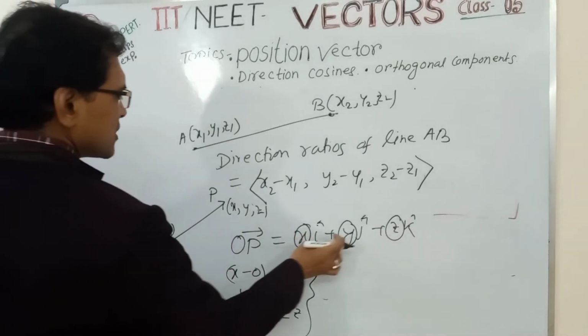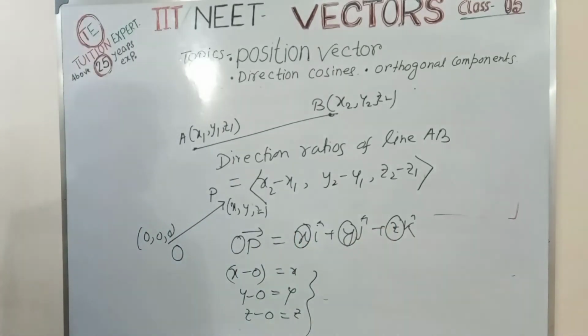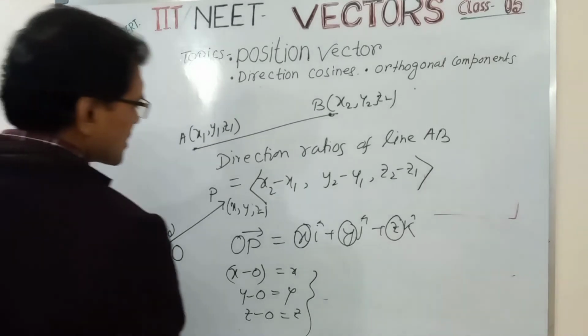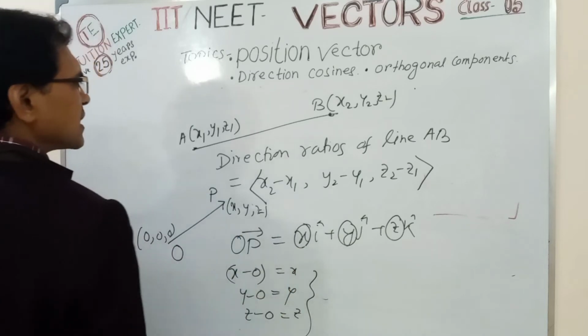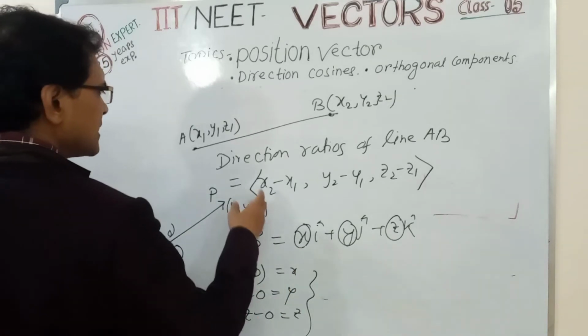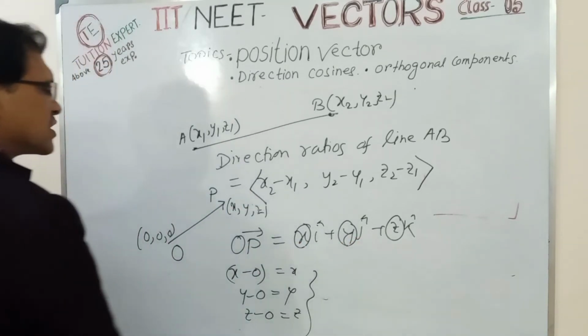So these are called the direction ratios of the vector or line. If you say vector, these are the direction ratios of the vector, and if you ask about the line, these are the direction ratios of the line.